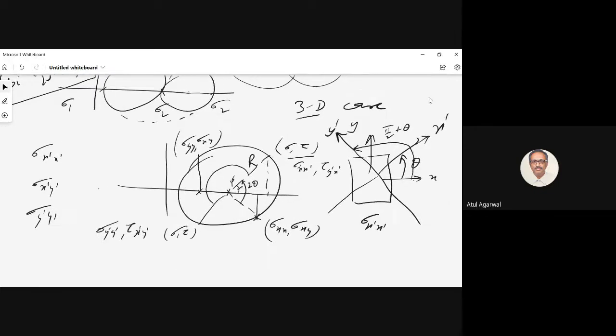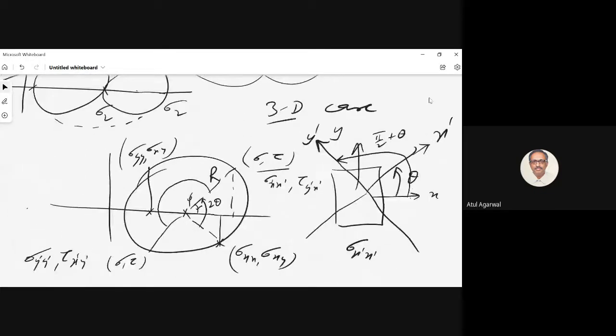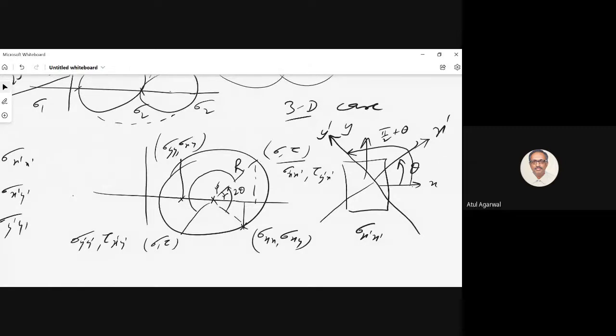Okay, let me give it a try for a minute in case I can do it. It's not difficult, that I know. Now you see, this is R. This angle is phi. This angle is 2 theta.